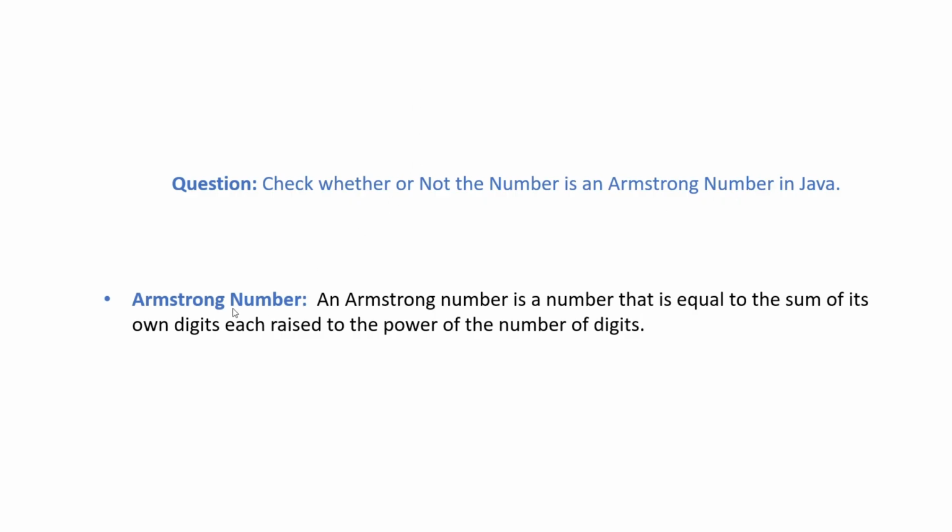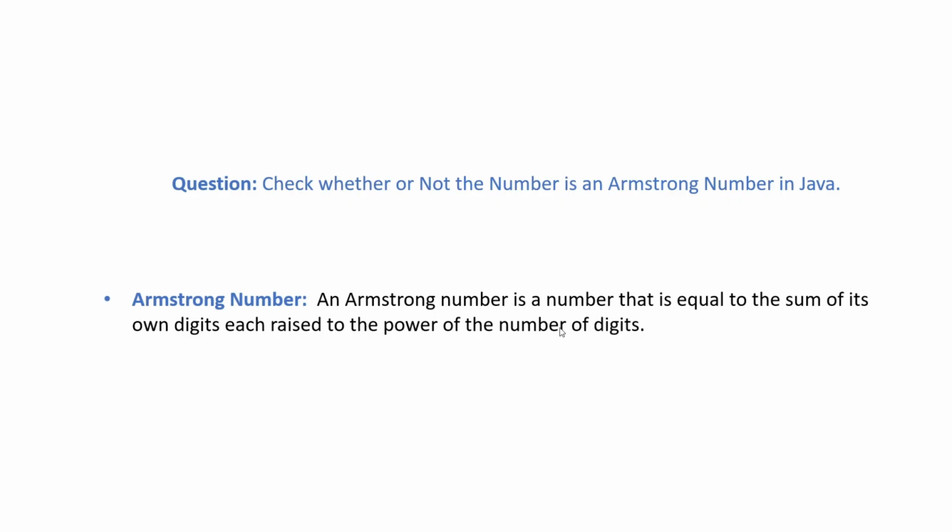Basically, an Armstrong number is a number that is equal to the sum of its own digits, each raised to the power of the number of digits. It means whatever number we have, the sum of its digits raised to that power must be equal to the number, then only it will be an Armstrong number.